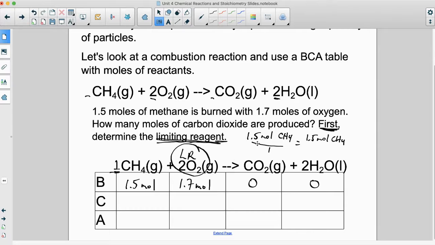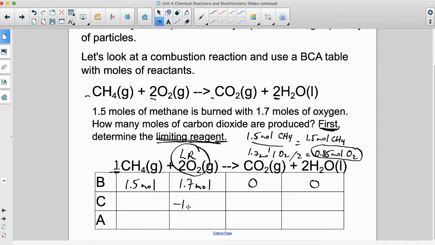I take my 1.7 moles of O2 and divide by the coefficient 2, and here I get 0.85 moles of O2. All right, this is smaller. So that's how I know that this is my limiting reactant.